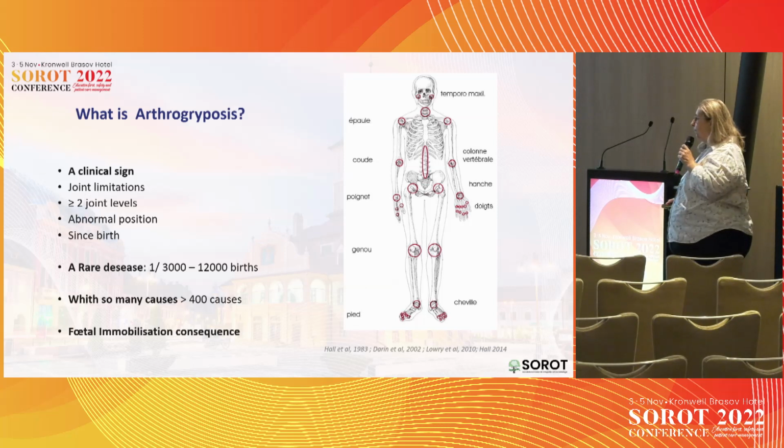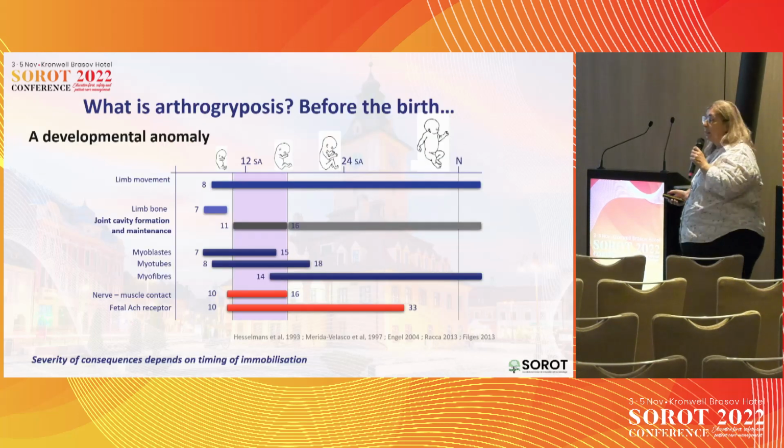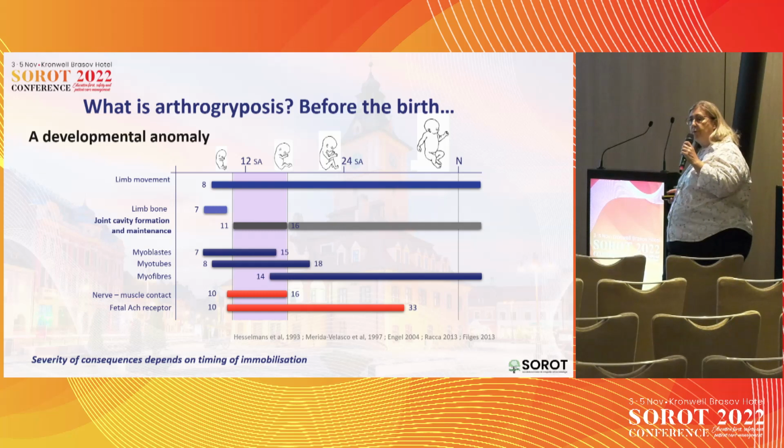It's a fetal immobilization consequence. So let's know, it's something which happened before the birth, and its severity depends on the timing of immobilization, if the pathology begins very early or sometimes later.